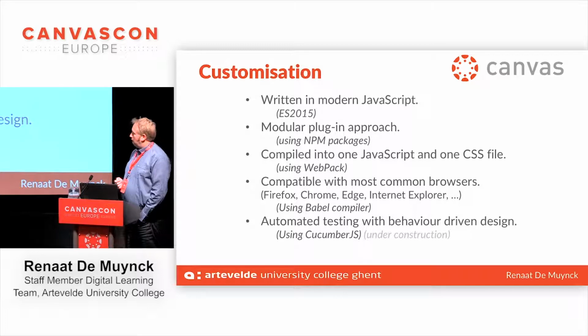And when I'm compiling, I can tell the compiler if I want it to be compatible with the most common browsers, or if I want it to be compatible with Internet Explorer if you still use it in your institution, or you can just skip that. So you have more control over the file and where it can be used. It's using the Babel compiler.